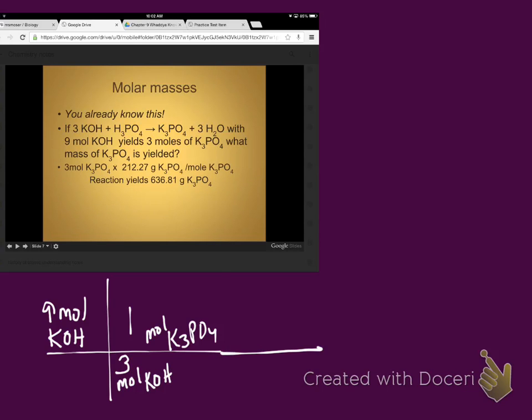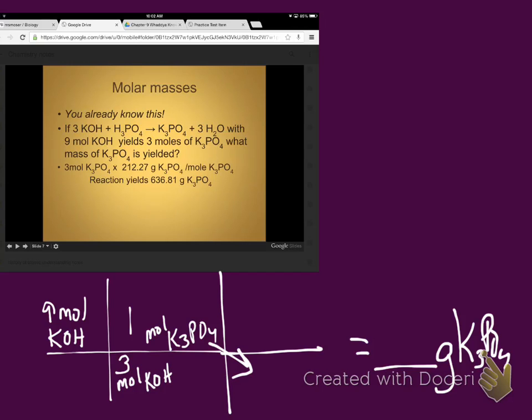Now all we have to do is add another step. So we want to end up in grams of potassium phosphate, K3PO4. We know that the box in the next space and down one, and I would actually recopy yours to note that it's the same thing with just an add-on.